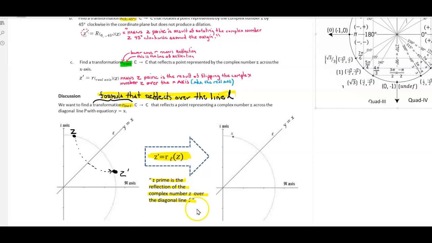Fill this stuff in. So when you look at this, remember the lowercase r stands for the word reflect.